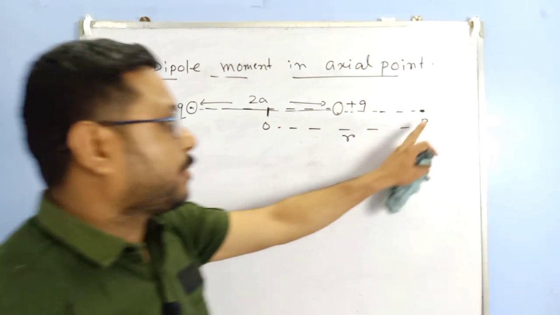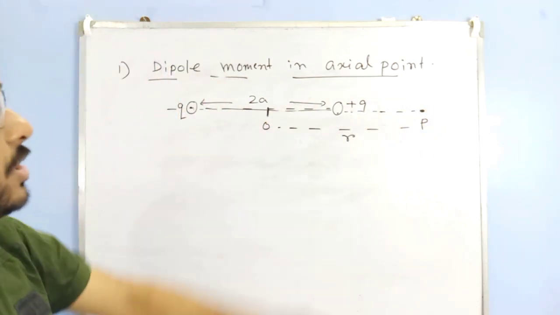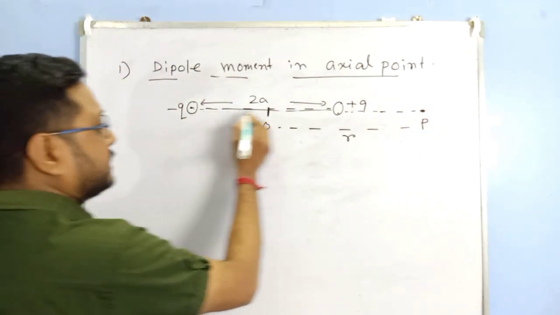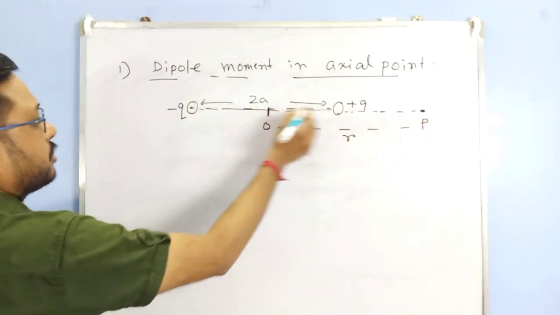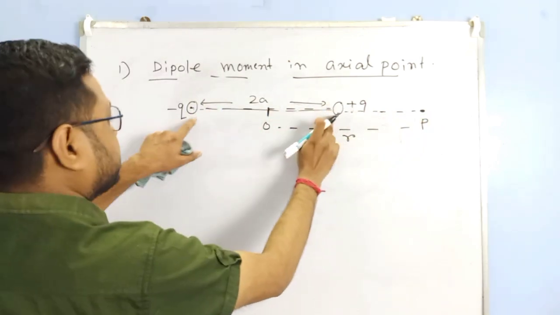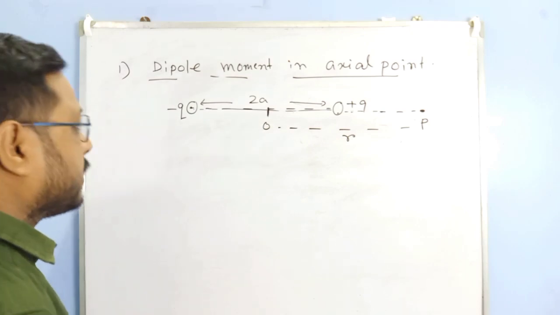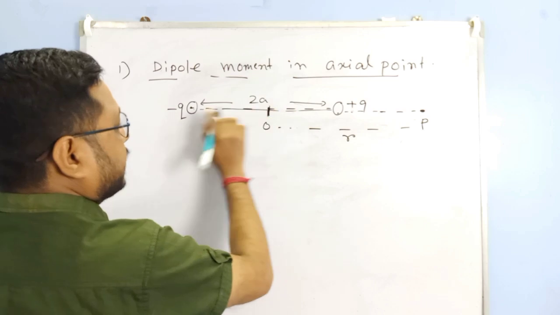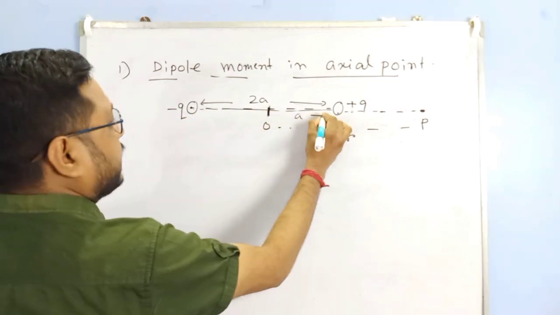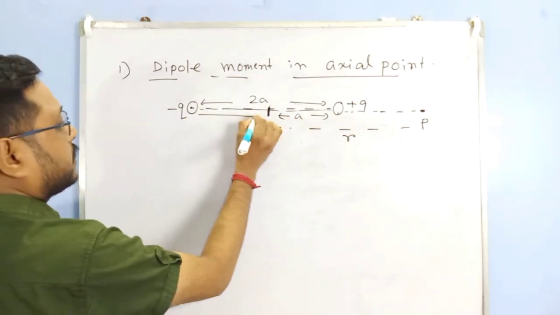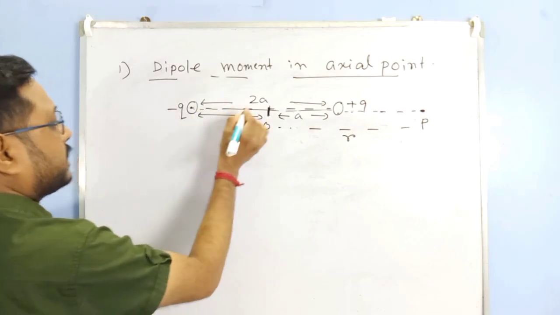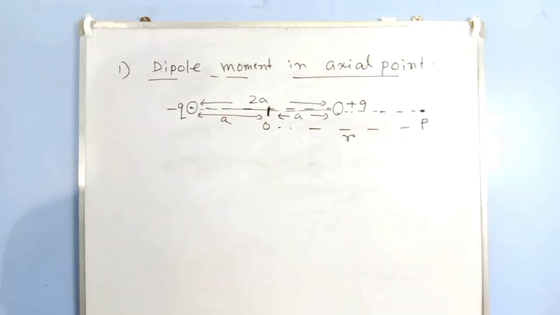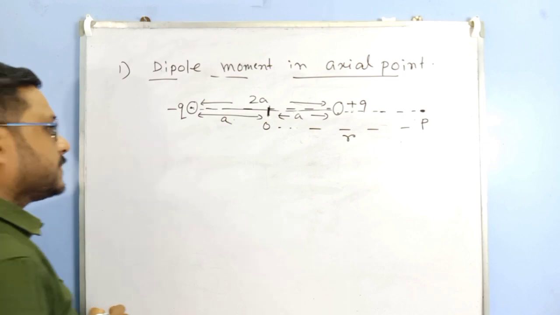So the point P is on the axial position of the dipole, as it is on the same line as the axis of the dipole. This is the axis of the dipole. As this is the center of the dipole and the total distance is 2a, the distance of every charge from the center is a.